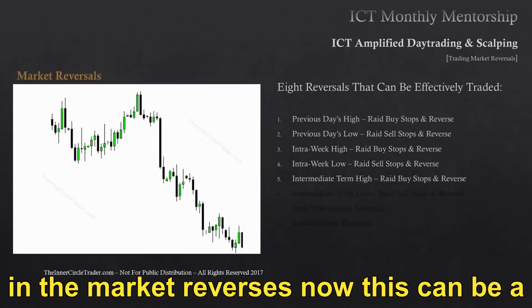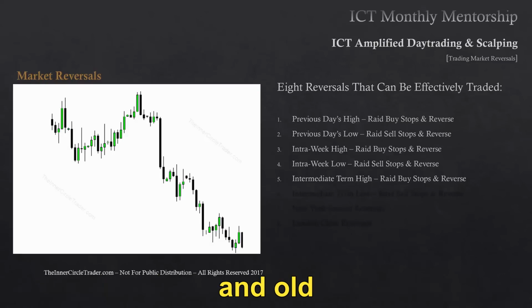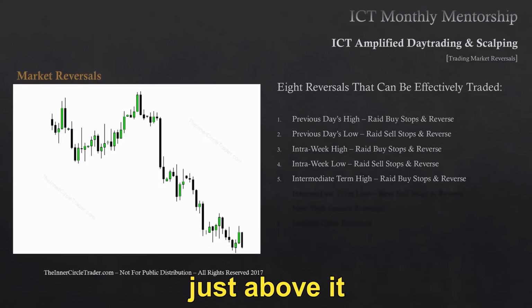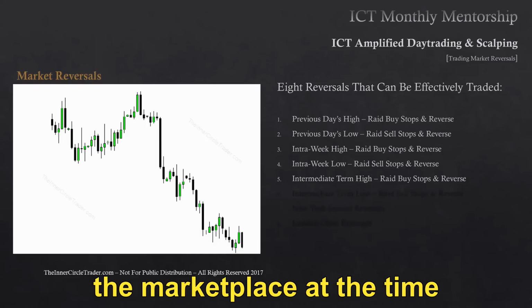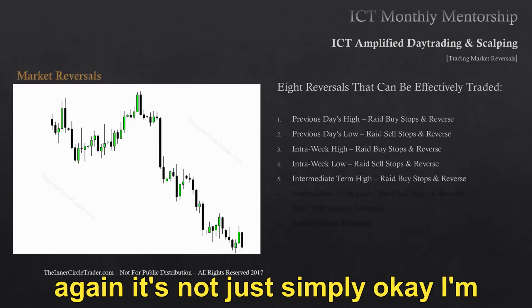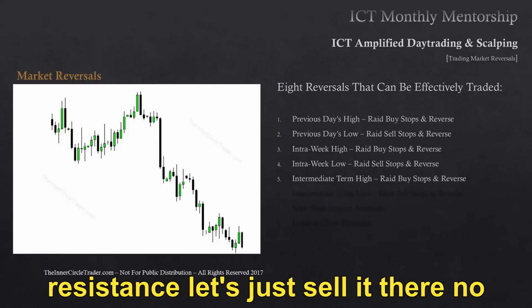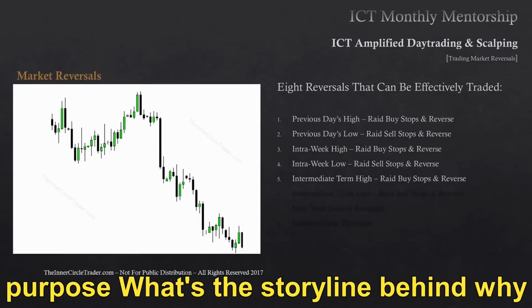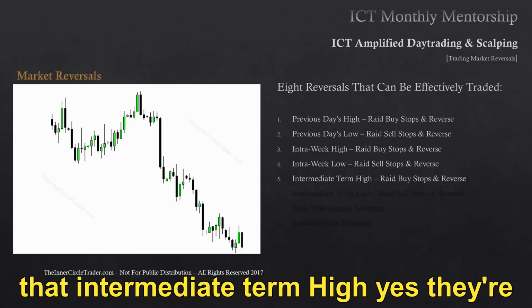Now, this can be a little bit tricky because of the old highs and old buy stops that would be resting there, or just above it, you have to look at the context of the marketplace at the time. Again, it's not just simply, okay, we're trading above an old high, so therefore, it's going to be resistance, let's just sell it there. No, you have to look at what's the purpose, what's the storyline behind why price would be permitted to trade above that intermediate term high.